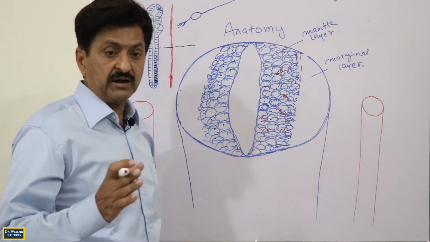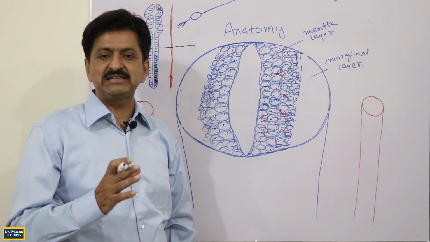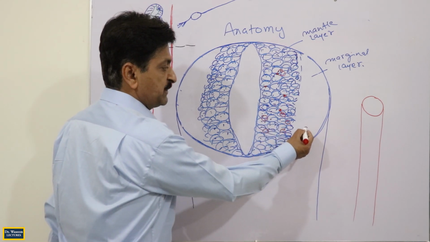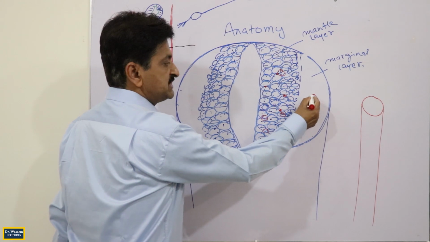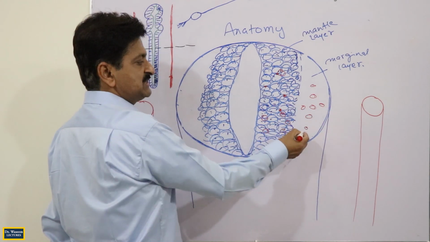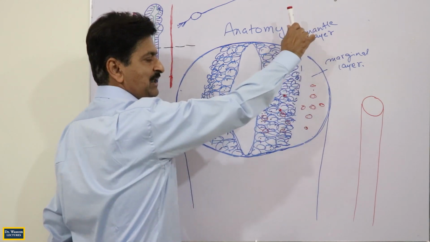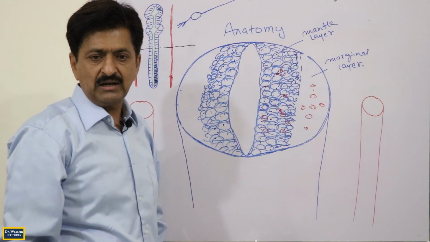But at the same time, we have another group of neuroglial cells. These are called the oligodendroglial cells, and these will be present here in the marginal layer. Why are they present in the marginal layer? Because in the marginal layer your neurites or fibers are running.